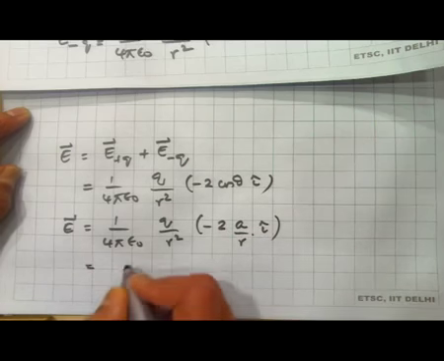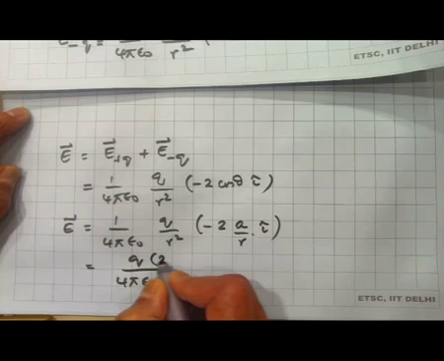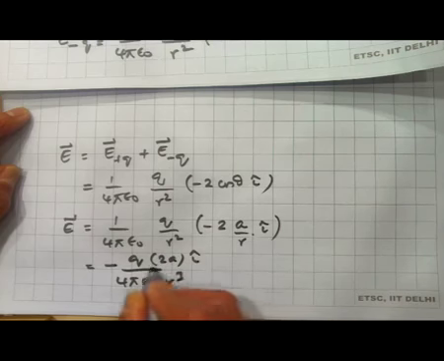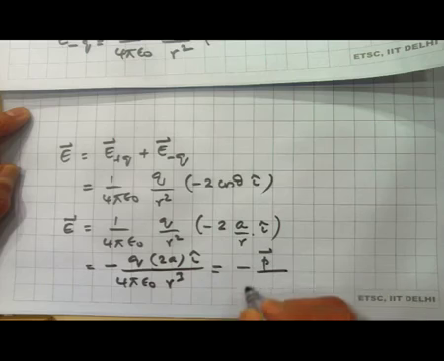So, this is equal to q by 4 pi epsilon 0, 2a with a minus sign here, i, and r cube, and this is nothing but minus p by 4 pi epsilon 0 r cube.